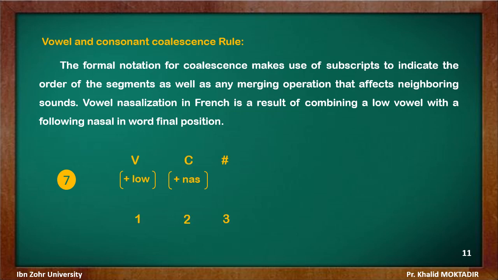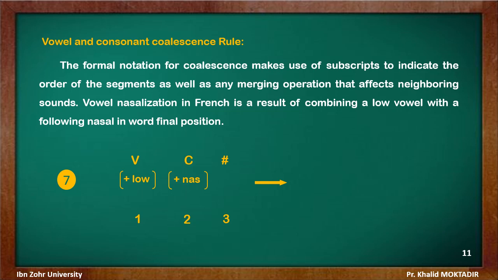Look, for example, we have a low vowel followed by a nasal in word final position. So we have three items here, and we will indicate that by putting subscripts like this. The low vowel comes first, the consonant comes second, and then the word final position is third.